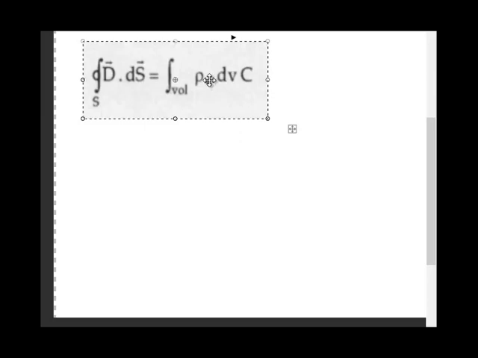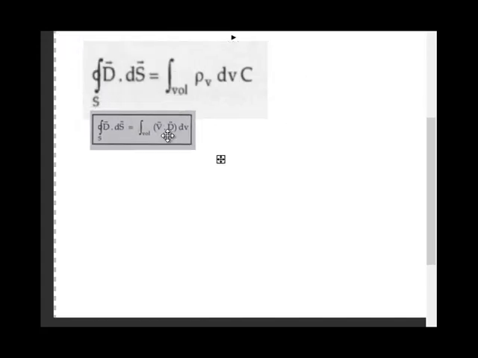In this case, you can see that in divergence we have taken del dot D as equal to rho v. So this rho v can be replaced by del dot D. With the help of divergence, you can replace this rho v by del dot D. So you can get the formula in another format, as you can see the change here only.